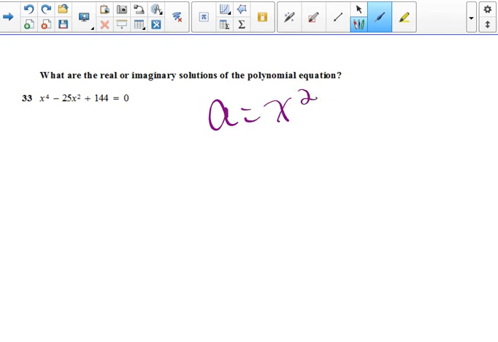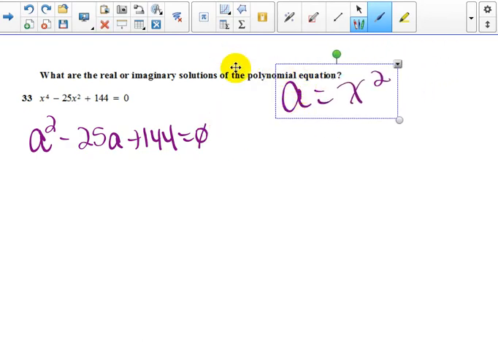Then if we do, we can rewrite this first term as a squared, right? Because if a is x squared, then that's x squared squared, which is x to the fourth, minus 25a, and if we fill in our a, it becomes 25x squared, plus 144, which doesn't contain any x squared, equal 0.